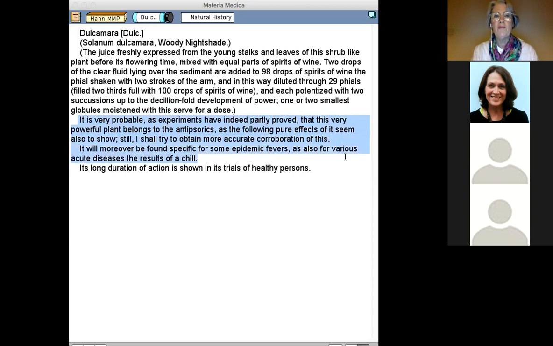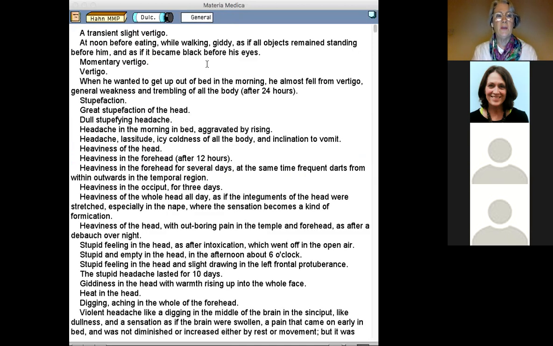It will moreover be found specific for some epidemic fevers and also for various acute diseases, the results of a chill. And this is one of the big notes of dulcamara, that someone is worse after having been exposed to a chill. Its long duration of action is shown in its trials of healthy persons, and provings were always done on healthy people. So then we start looking at the symptoms.